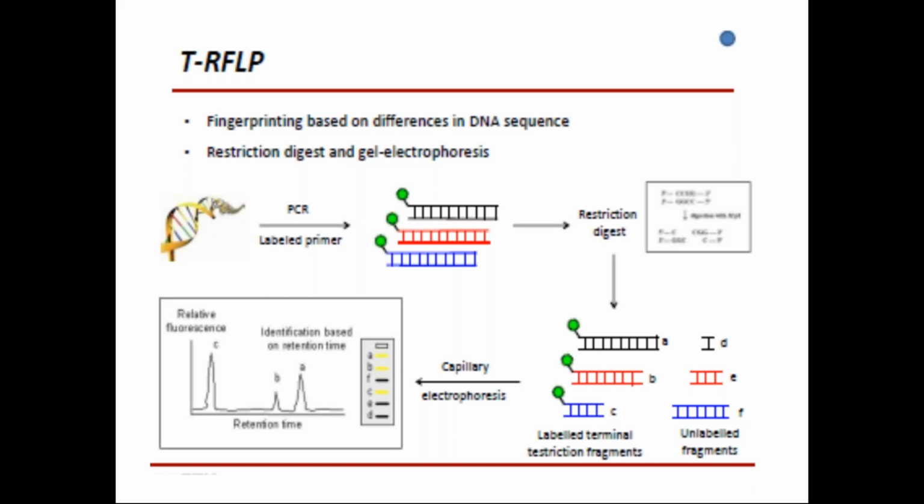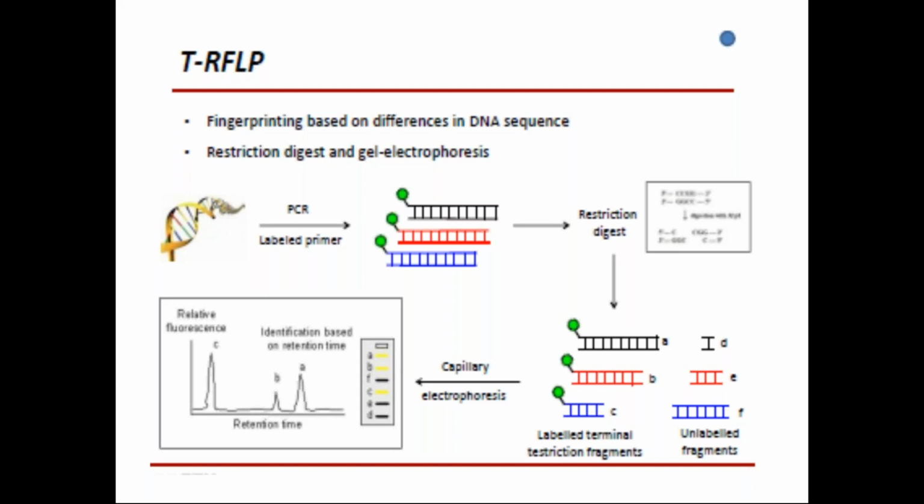Okay, sequence. So in this situation, we try to amplify the 16S ribosomal gene by utilizing the 16S ribosomal gene specific primer, performing the PCR reaction by addition of this 16S specific primer and the template DNA.